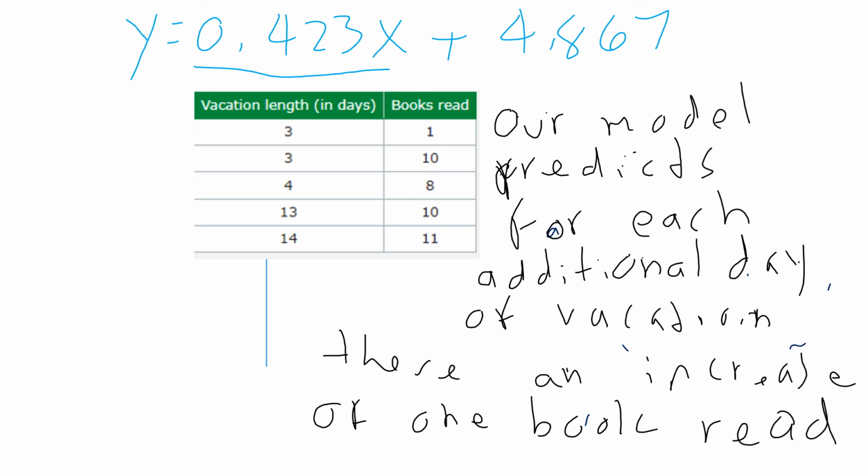So you are saying for each additional day of vacation, which is the X part of it, because the slope is positive, there's an increase of one book, because you can have 0.423 of a book read. Well, you can, but you shouldn't read part of the book though.